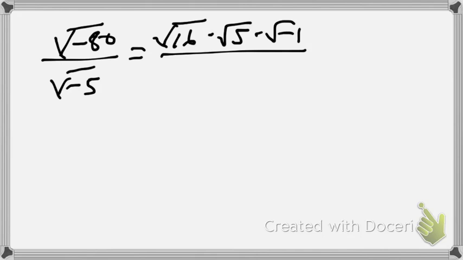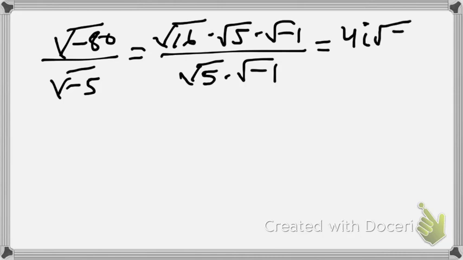Then we have the square root of negative 5, so that's going to be the square root of 5 times the square root of negative 1. The square root of 16 is 4. The square root of 5 is simplified. The square root of negative 1 is i, so we have 4i times the square root of 5.